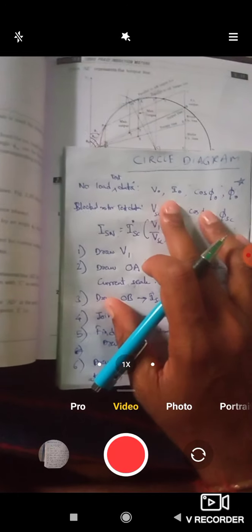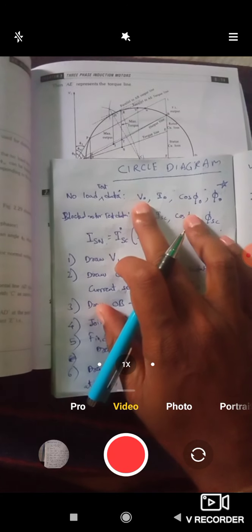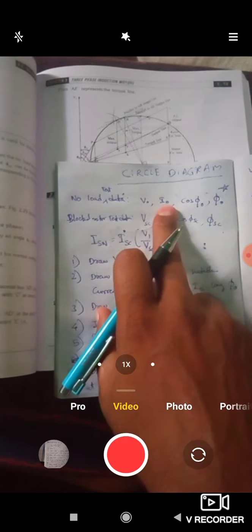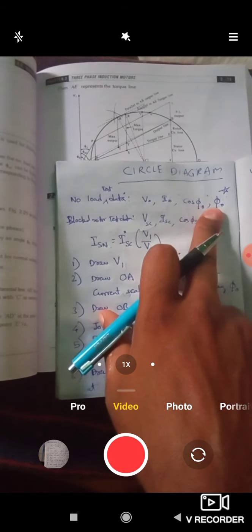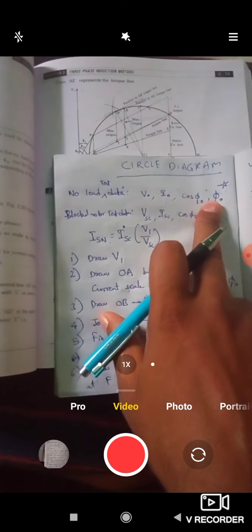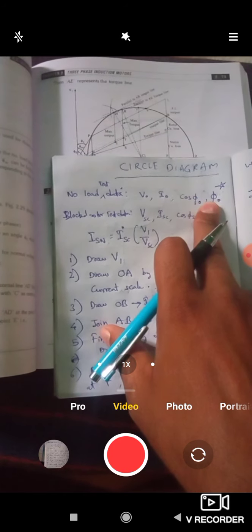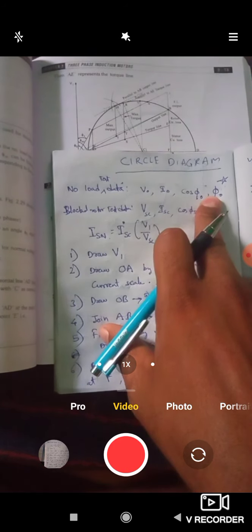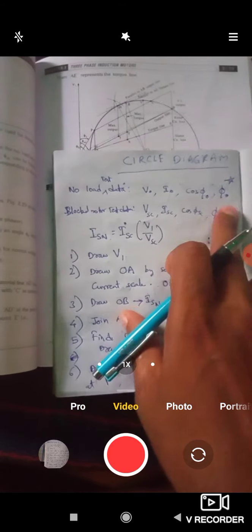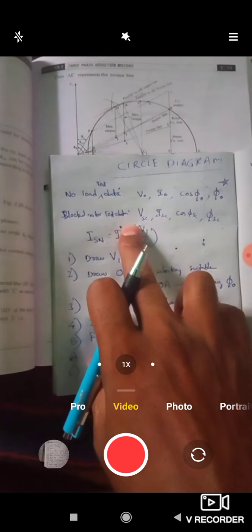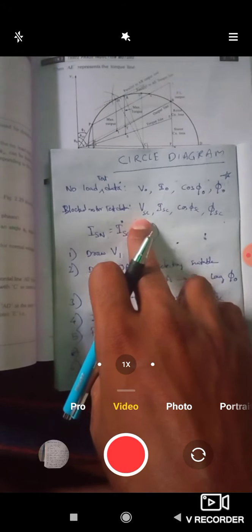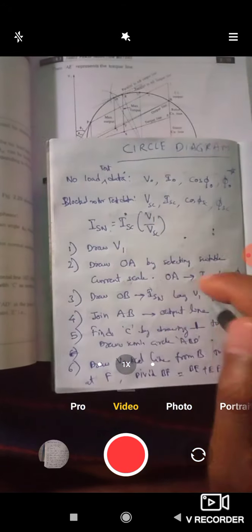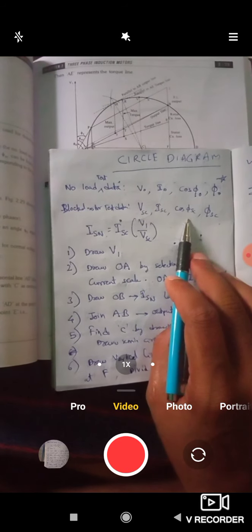From the no load test data we need no load current and no load power factor. From that, the angle of lag, which is phi naught, the no load power factor angle. And also from the blocked rotor test we need short circuit voltage, short circuit current and short circuit power factor.